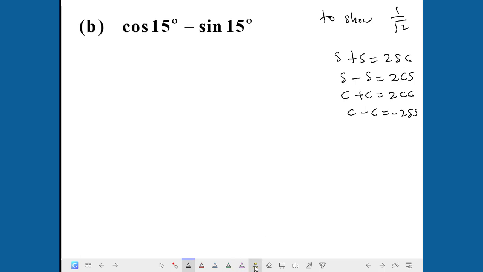So now here is cos minus sine. Either you change all to cos minus cos or sine minus sine. Let's say you want to change to cos. Sine 15 degrees is equal to cos 75, because that one is the complement.